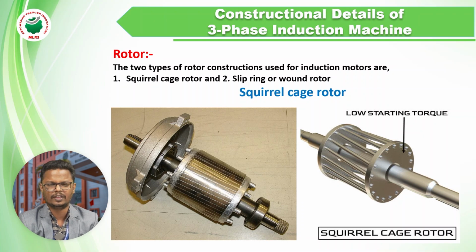When the air gap is less, the magnetizing current can also be less. If the air gap is more, we have to increase the magnetizing current to link the flux from the stator to the rotor. Here the air gap is less, so the magnetizing current is less, and the flux is easily linked from the stator to the rotor.